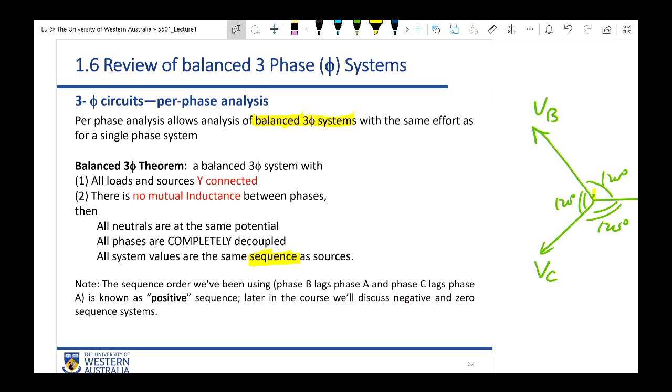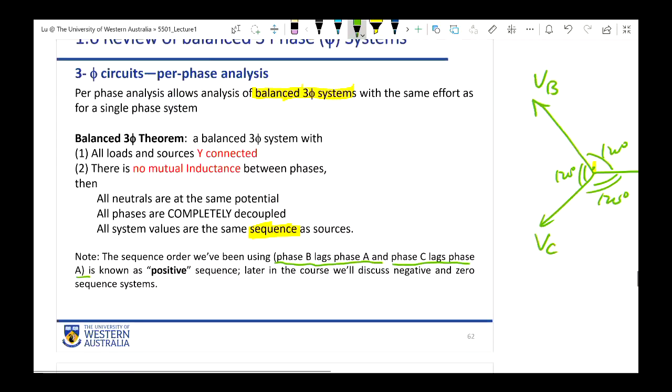See here, A is the reference phase, right? Phase B lags phase A by 120 degrees, no problem. But see the next one, phase C lags phase A. No, don't do that. Phase C is lagging phase B by 120 degrees. Sorry about that. Please just correct that. Okay, now let's move on to the next one.